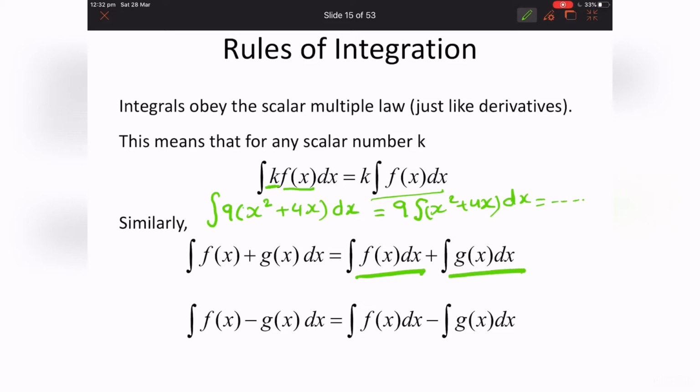The same thing applies for subtracting. So if we have the integral of f of x minus g of x dx, then again we can make two separate integrals: the integration of f of x dx minus the integral of g of x dx, and we work it out.